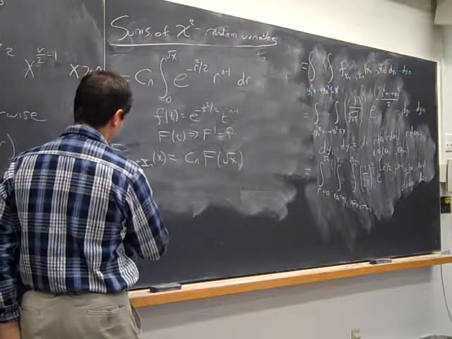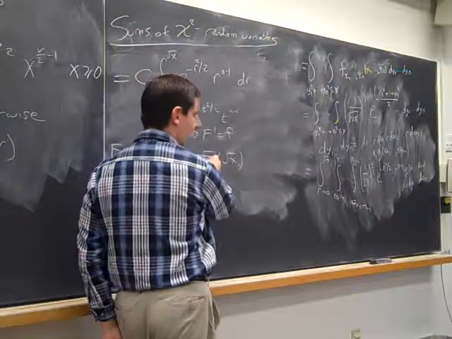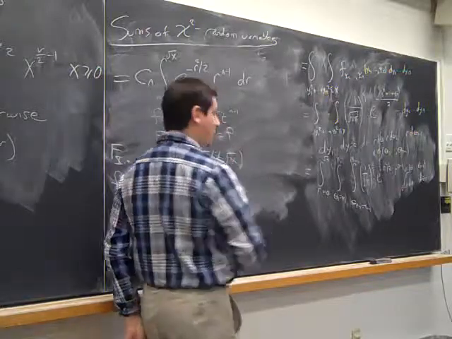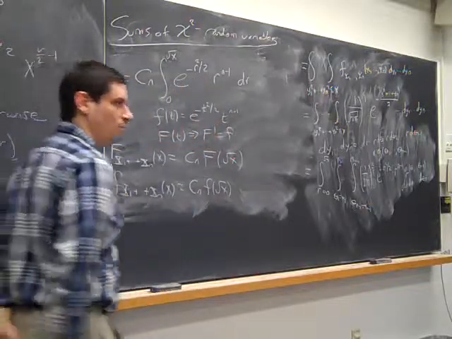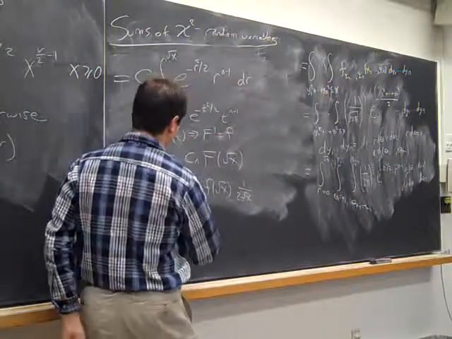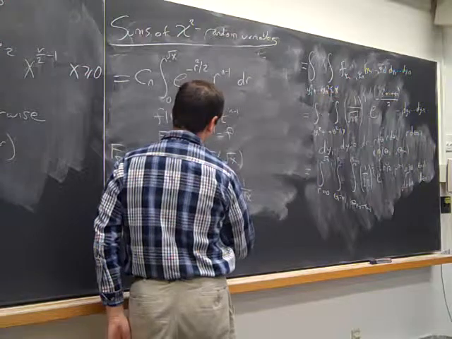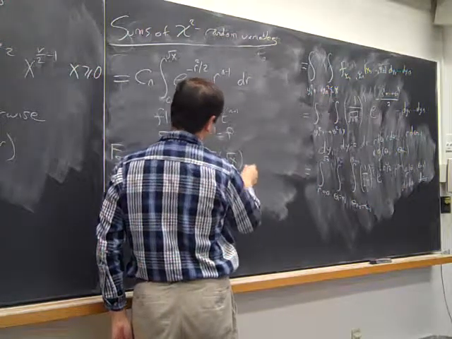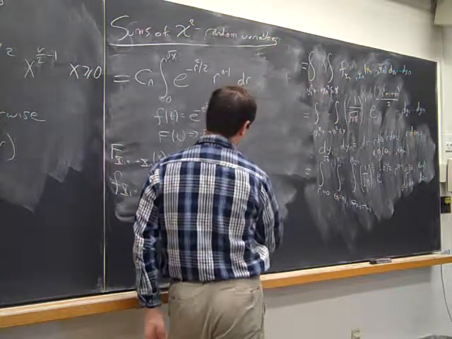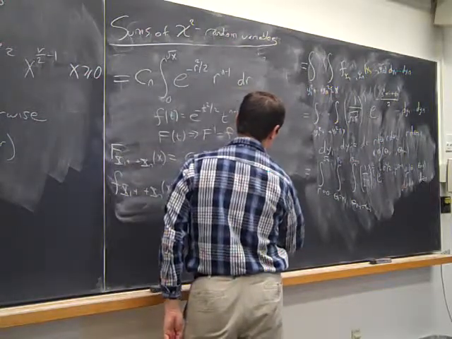So now the density of x1 plus xn is some constant times the derivative, so it's going to be little f at square root of x, times the derivative of square root of x. Well, that's 1 over 2 root x. So we get Cn, f of square root of x, which gives an e to the negative x over 2, and x to the n minus 1 over 2, and now we have a 1/2 x to the minus 1/2.